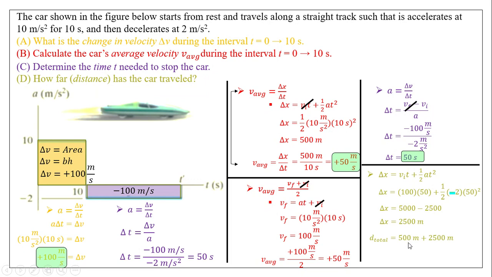So 500 here is the first 10 seconds, and then 2,500 is from 10 to 60 seconds, which is a difference of 50 seconds. So 500 plus 2,500 is 3,000, and that is the answer to part D. So part D is 3,000 meters, and it says distance, so I don't need to include the direction.